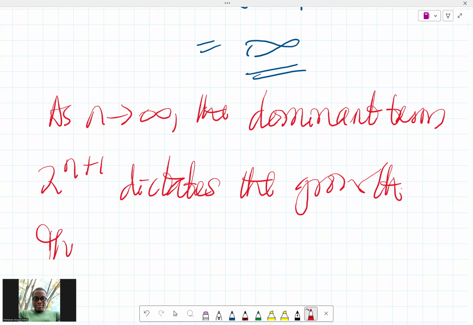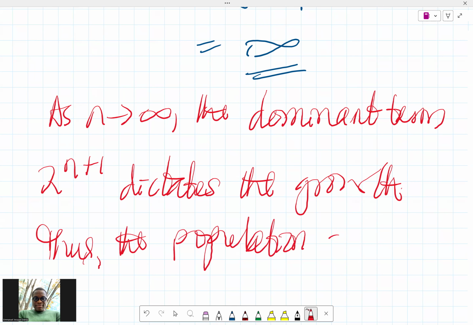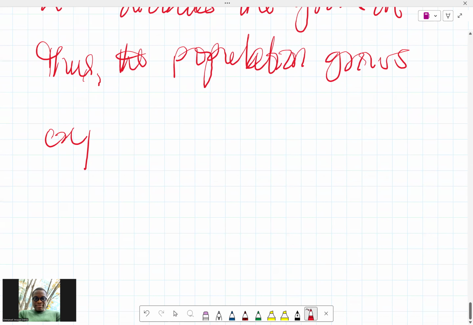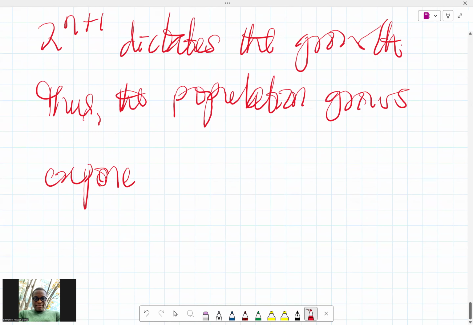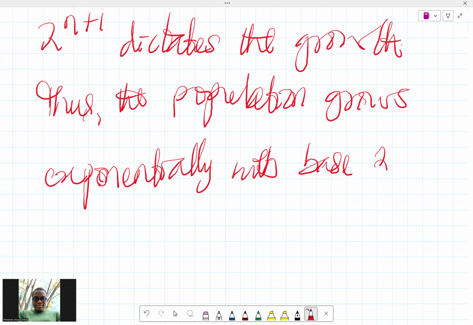Thus, the population grows exponentially with base 2.